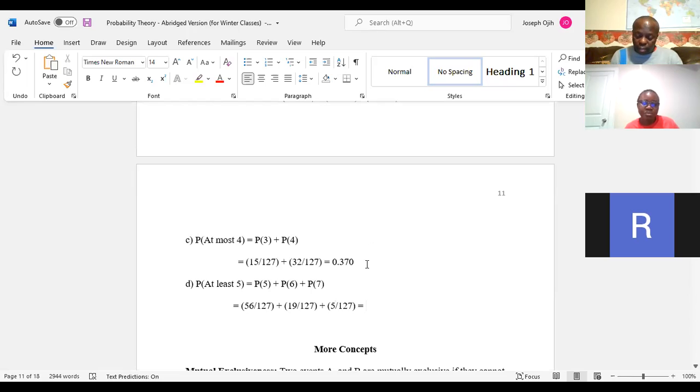So let me write it down, then we can work it out. It means 56 for 127 for 5 days, then 19 for 127 plus 5 for 127. So let's calculate this, going to our calculator.